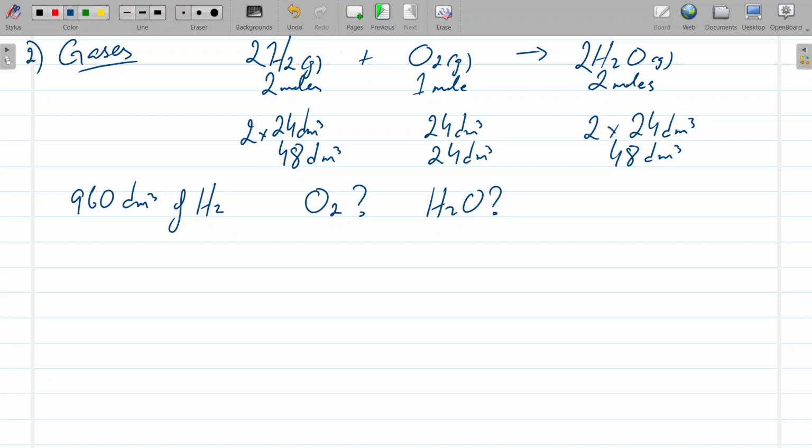We're gonna calculate the moles of hydrogen first from the given volume, if I'm not wrong. We don't need moles, do we? We're not being asked for moles. Okay. How else could we go about doing this?